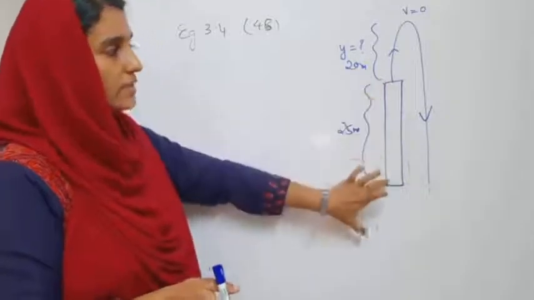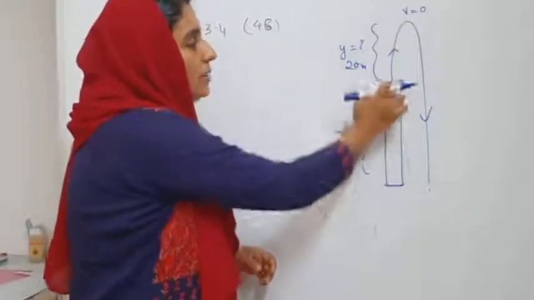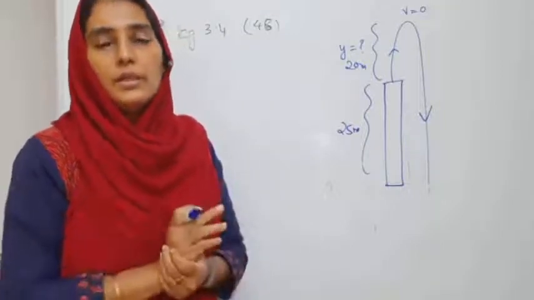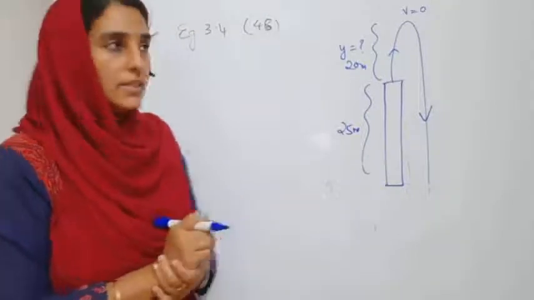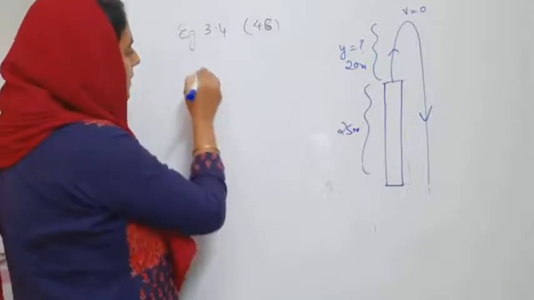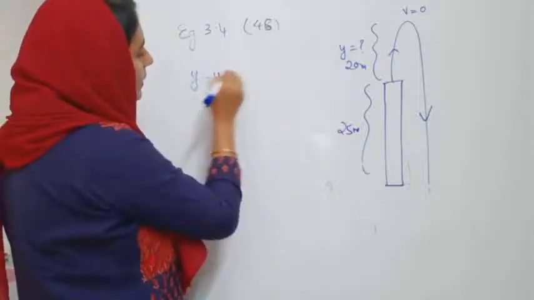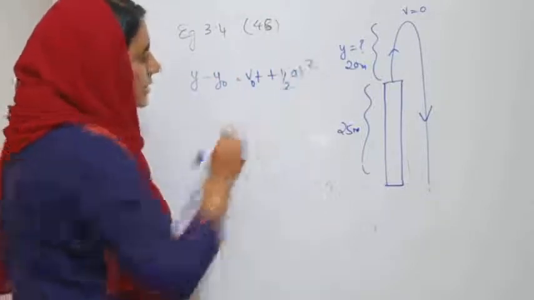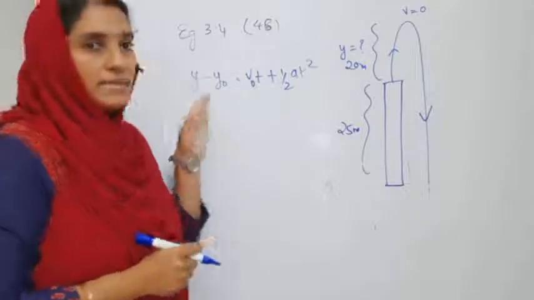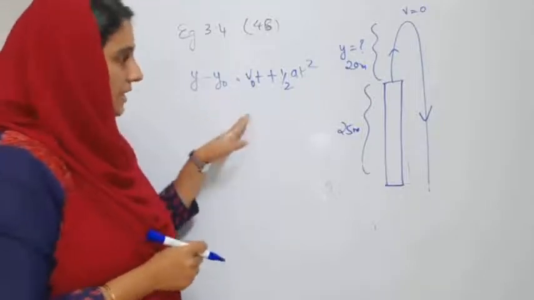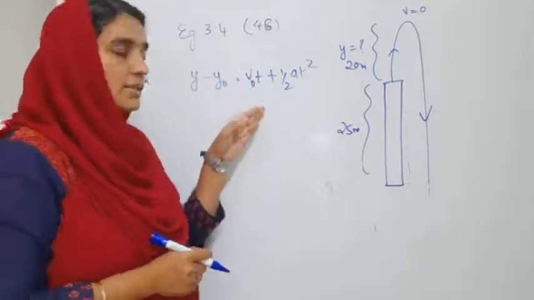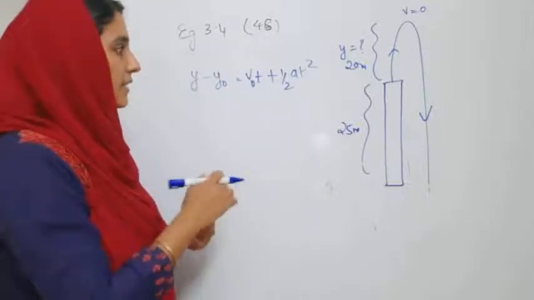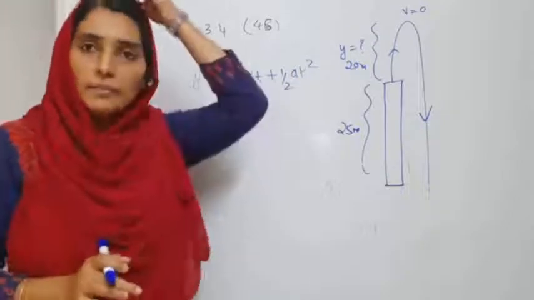So what is the displacement traveled? It can go through any path, but we know that final minus initial gives the displacement of the object. So you can have the equation y minus y0 is equal to v0t plus half at squared. Here y is the final position, y0 is the initial position, v0 is the initial velocity, a is the acceleration due to gravity in this case, and t is the time taken.